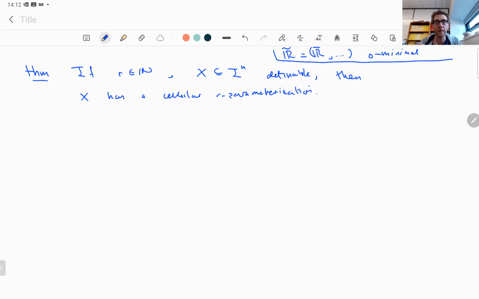And the fact that this is cellular means that it automatically implies a uniform version. So corollary, suppose I have X, now a family parameterized by I to the m.